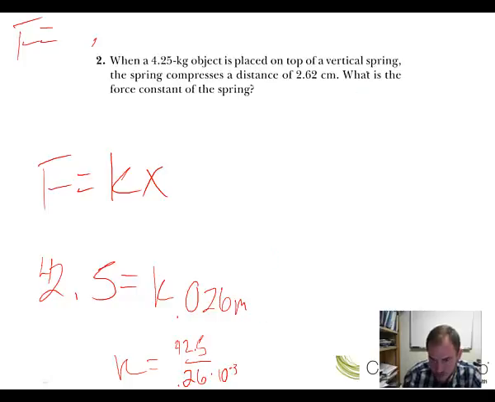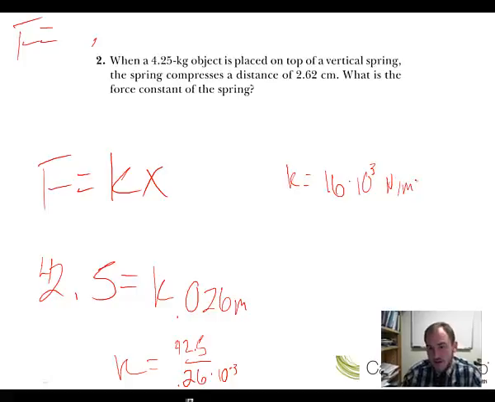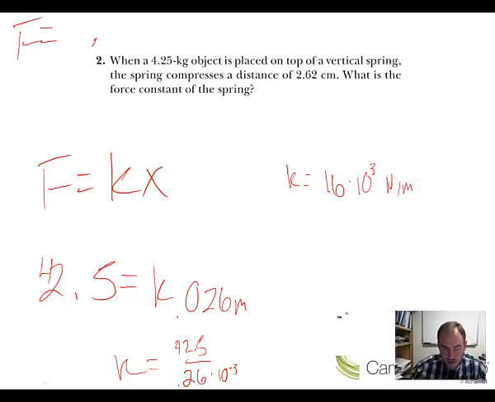So if we go back over here, we're going to get k equals 26 into 42, like 1.5, maybe 1.6 times 10 to the positive third newtons per meter. There we go. Again, an equation you guys should know pretty easily.